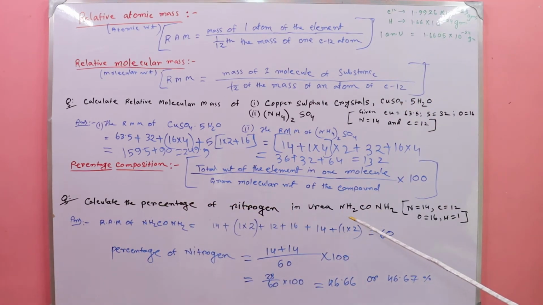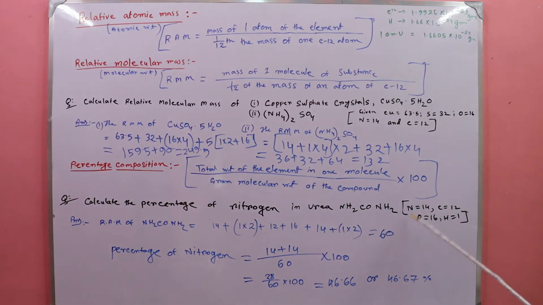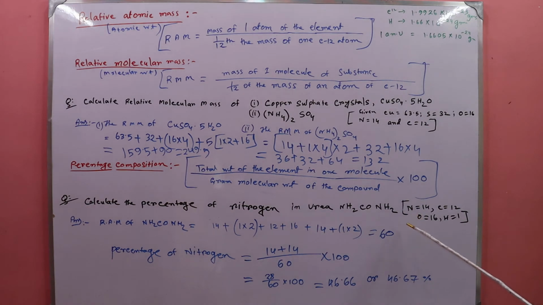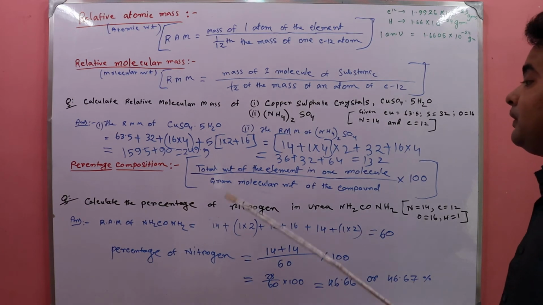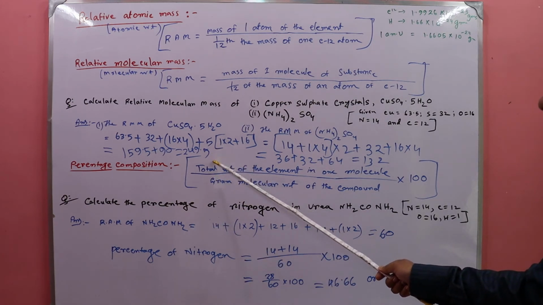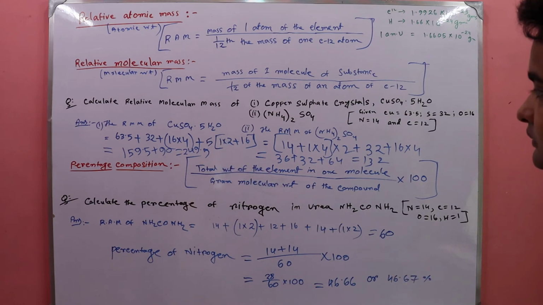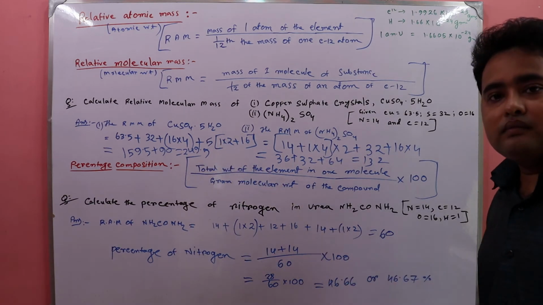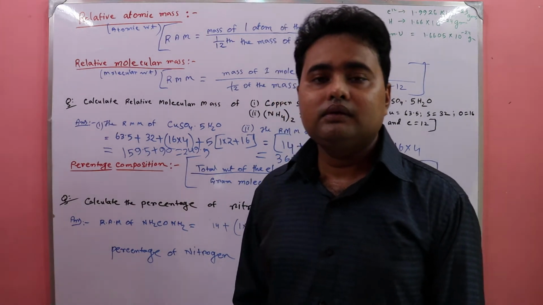Urea is CO(NH2)2, an organic compound, and here the relative atomic masses are given: N equals 14, C equals 12. Another thing is that no unit is there, you can put amu or you can simply put the number because this is a ratio. Clear?